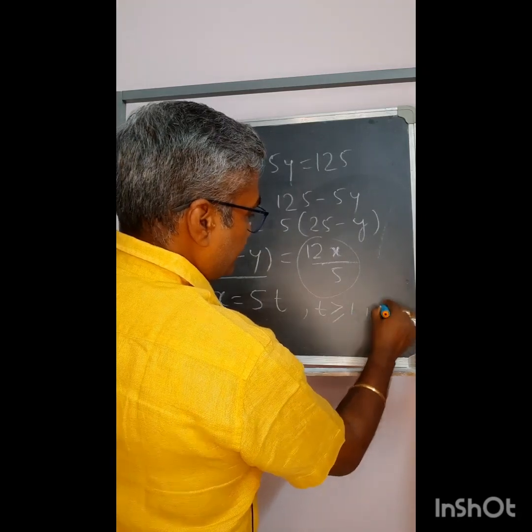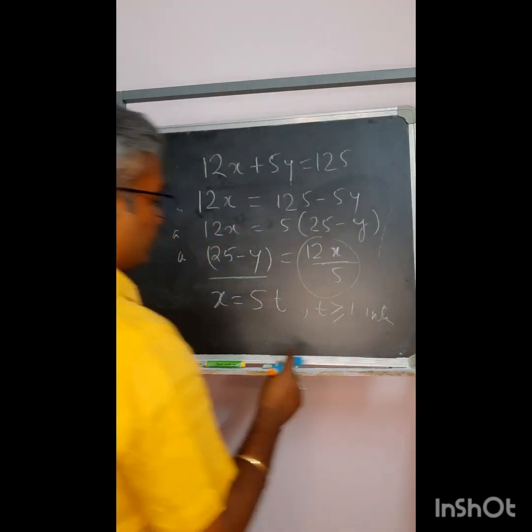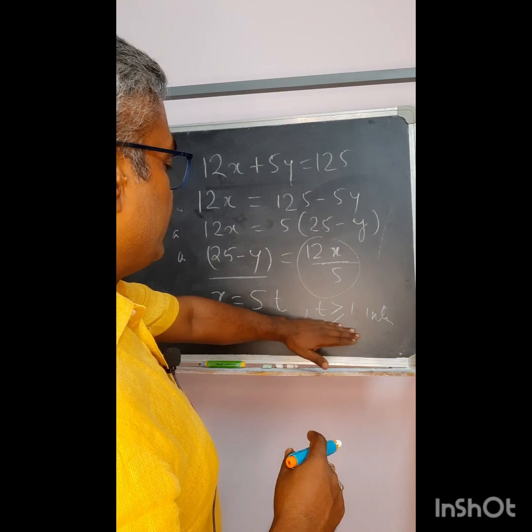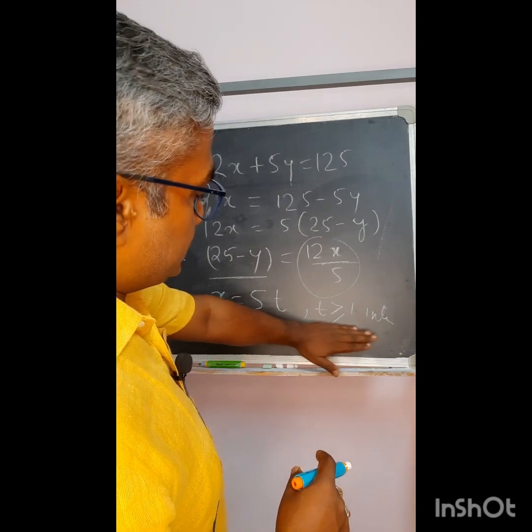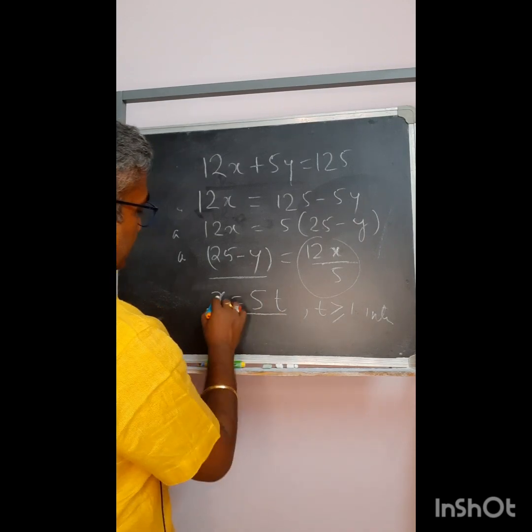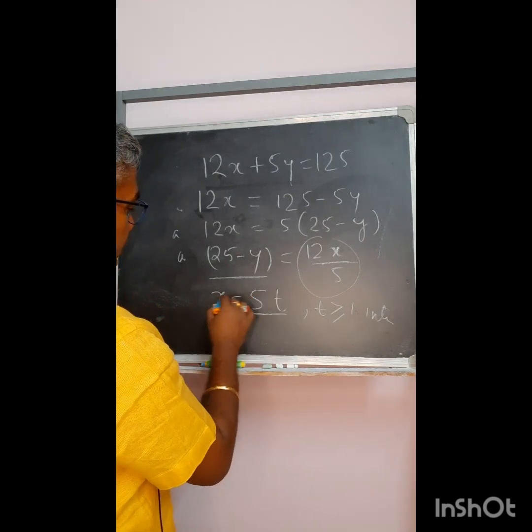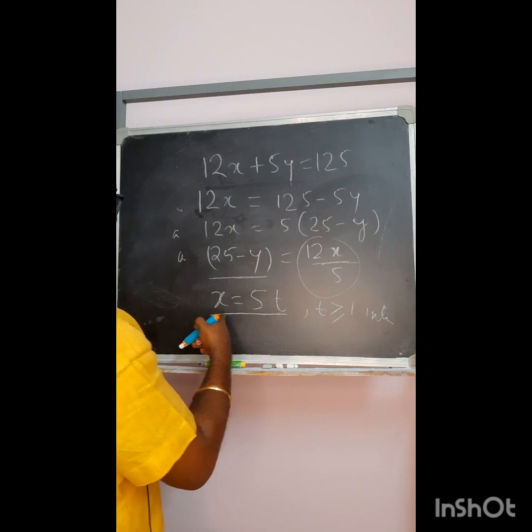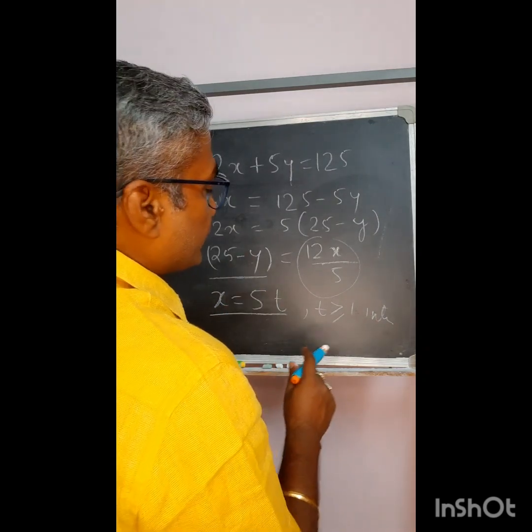It could be any natural number. For any integer value of t that is a natural number, x is a function of t and a multiple of 5.